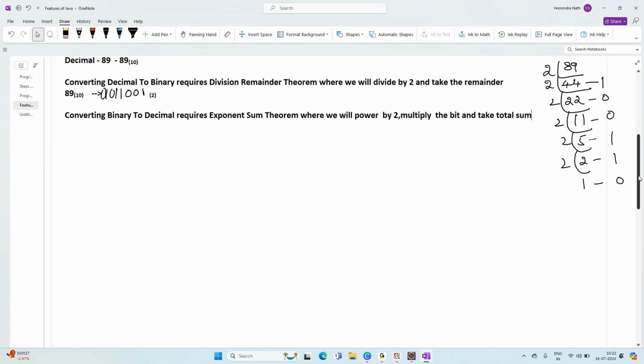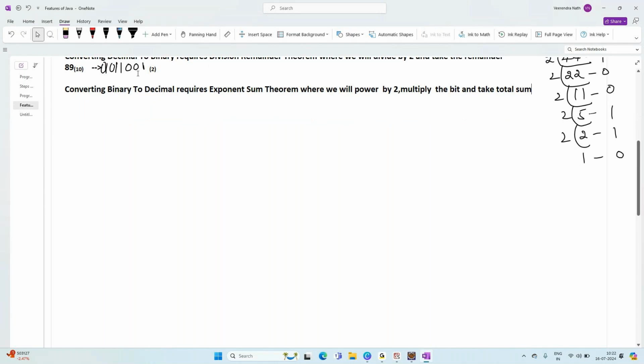So now we will take the same number and convert that into decimal. Take this 0, 1, 0, 1, 1, 0, 0, 1.